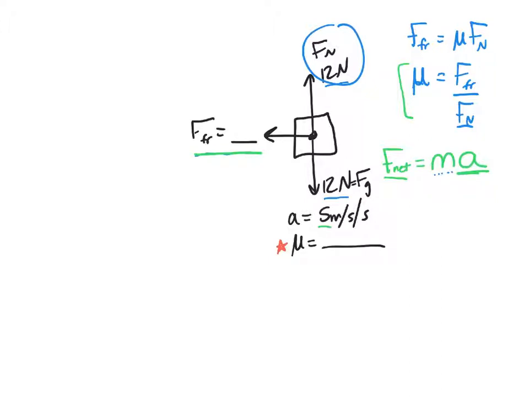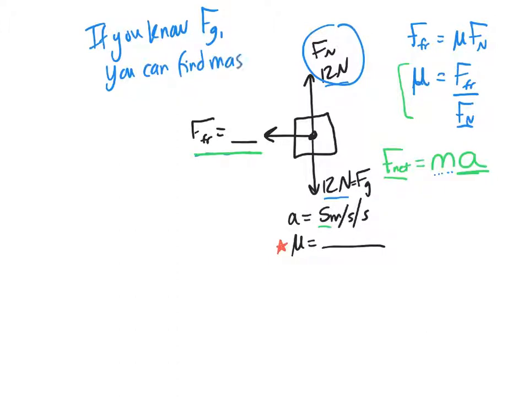Well, I want you to memorize in your head, if you know the force of gravity on Earth, then you can find the mass. And vice versa. If you know the mass, you can find the force of gravity. And the equation we use for that is Fg is equal to mg. They gave us the force of gravity, it's 12.